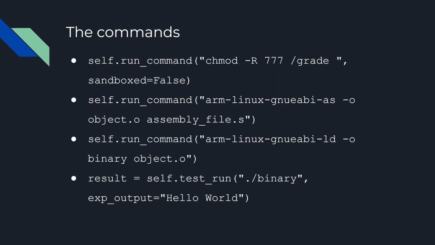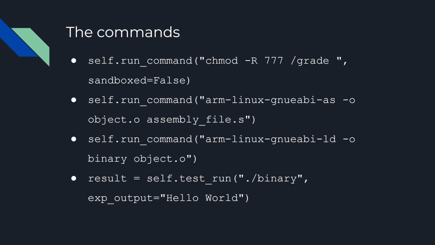So the first command is going to change the permissions. When you're running these commands, they all run out of the grade directory. This first command is essentially opening up all the permissions inside of that grade directory recursively.